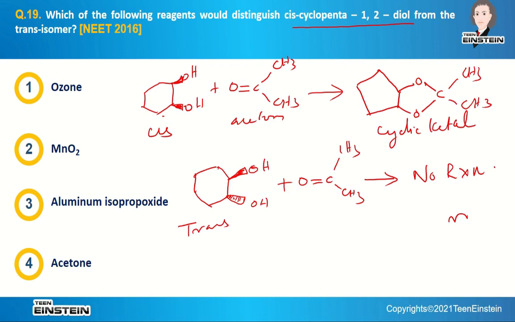So the correct option is option number 4, that is acetone. So the cis form reacts with acetone to form a cyclic ketal, but during reaction with the trans form there is no reaction.